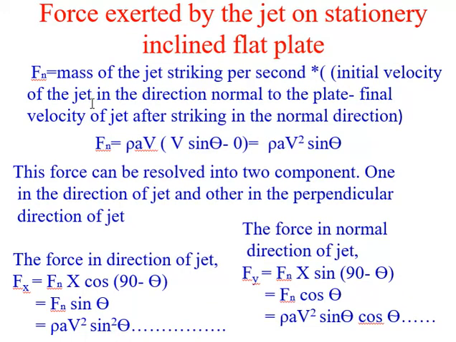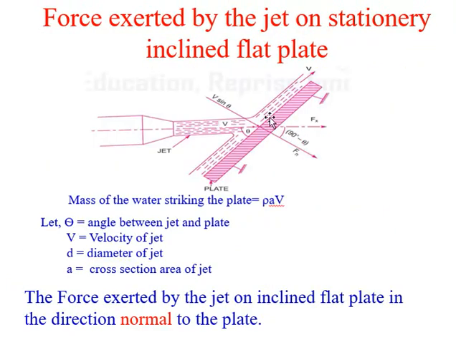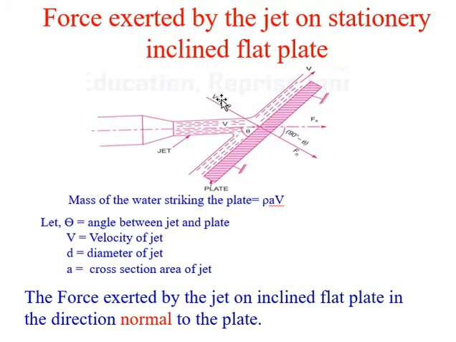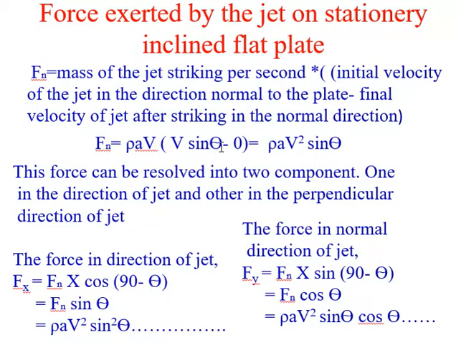Then the initial velocity of the jet in the direction normal to the plate is v sin theta.